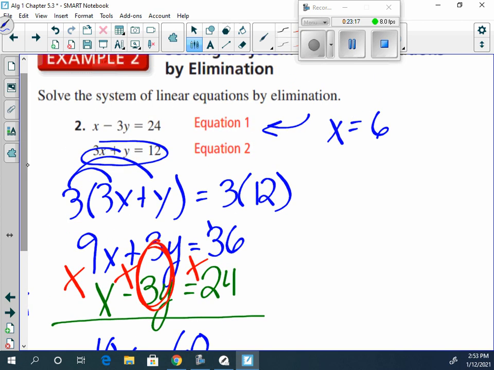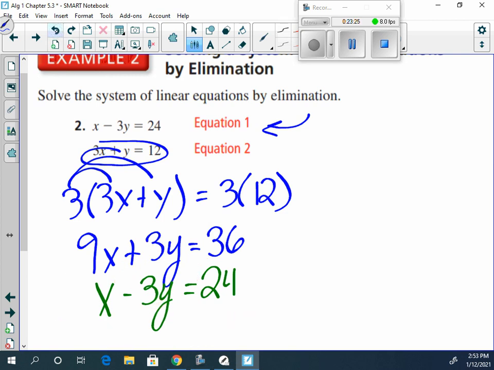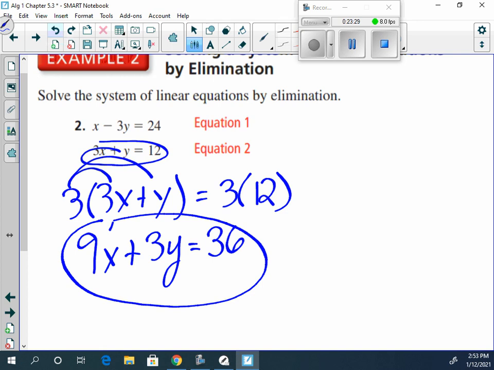It doesn't matter which one we choose. I could pick this equation here, or I could pick one of the two it gave us to start with by plugging x equals 6 into one of them.